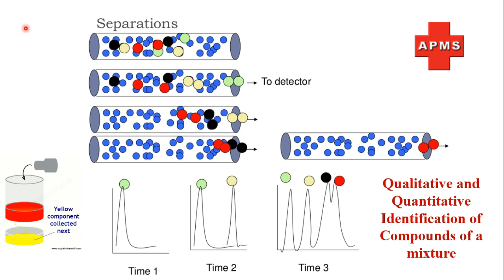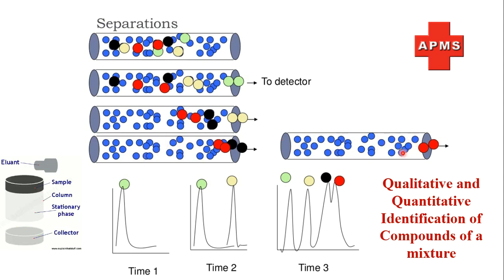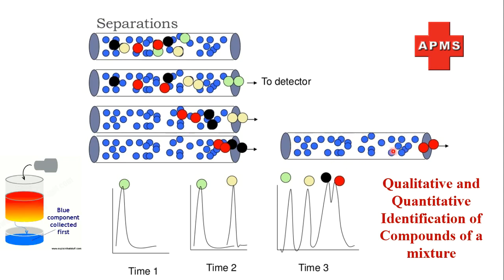This is again a graphical representation of the movement of mobile phase inside the column. These columns are shown. See, there are many particles shown. These blue colored particles are the mobile phase gas, meaning nitrogen gas, argon gas, helium gas, oxygen gas, any inert gas.